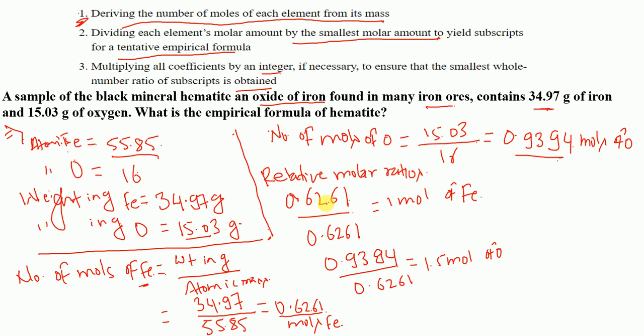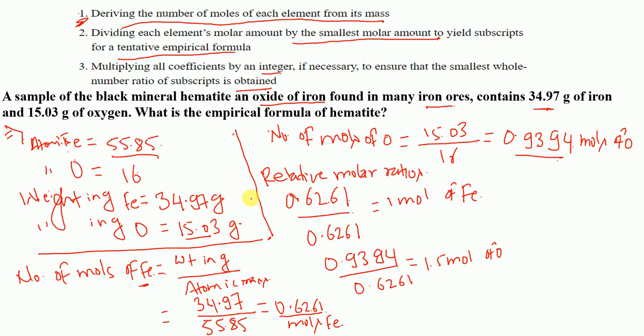So 0.6261 divided by 0.6261 gives 1 mole of iron, and 0.9394, the number of moles of oxygen, divided by 0.6261 gives 1.5 mole of oxygen. So step number 2 is complete, guys.